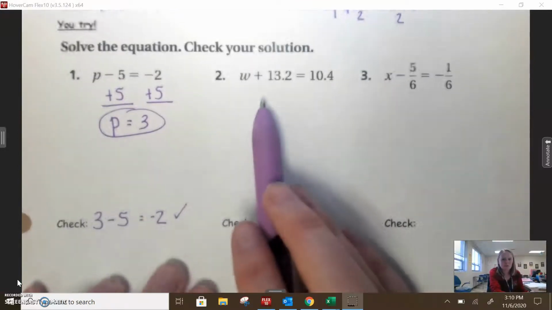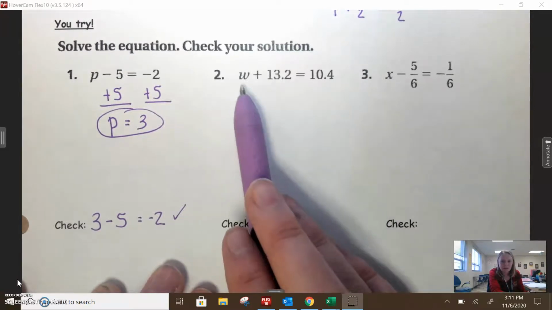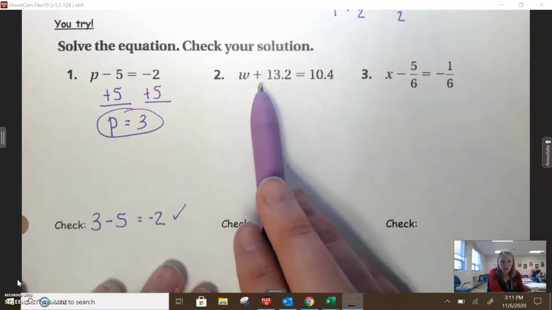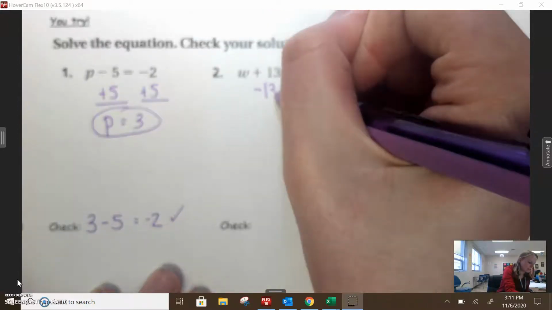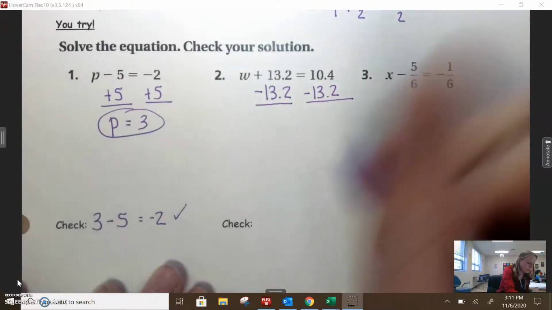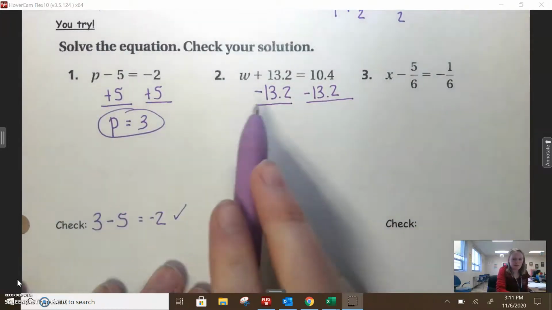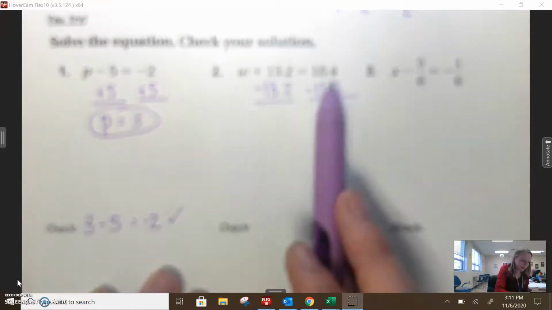All right, number 2, w plus 13.2 is equal to 10.4. Okay, I need to get that w by itself. The opposite of adding a 13.2 is subtracting a 13.2. So I'm going to subtract 13.2 from both sides of my equation. Remember, we have 2 different subtractions going on.